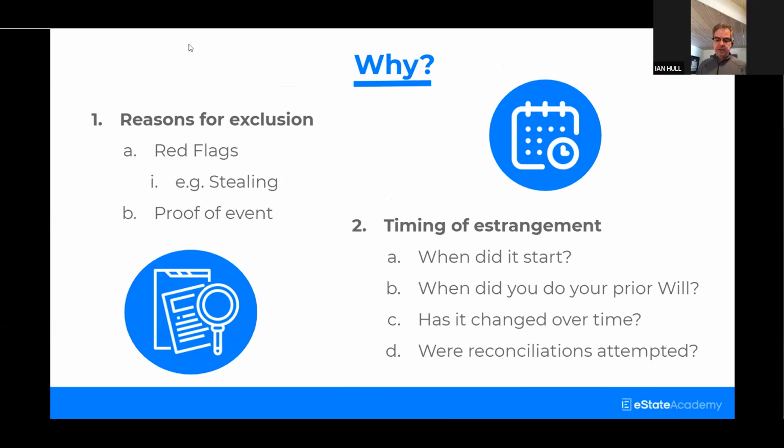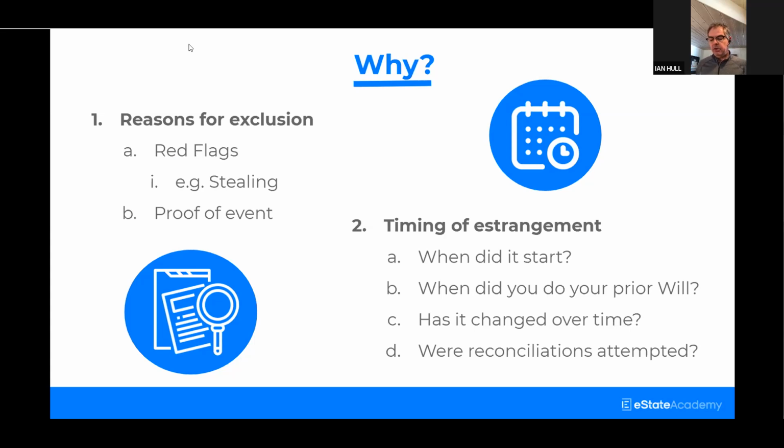Sure. Well, this comes back to my big worry: what is the rationale behind it? One word answers are often the first reactions. I'm estranged, I haven't talked to him or her for many years, or you get a kind of cursory response.